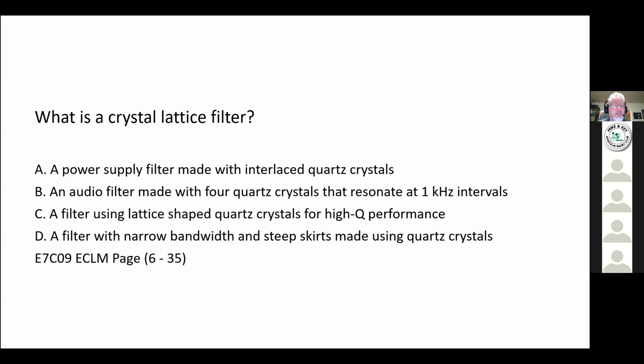C, a filter using lattice-shaped quartz crystals for high Q performance. D, a filter with a narrow bandwidth and steep skirts made using quartz crystals. Correct answer is delta, a filter with narrow bandwidth and steep skirts made using quartz crystals.